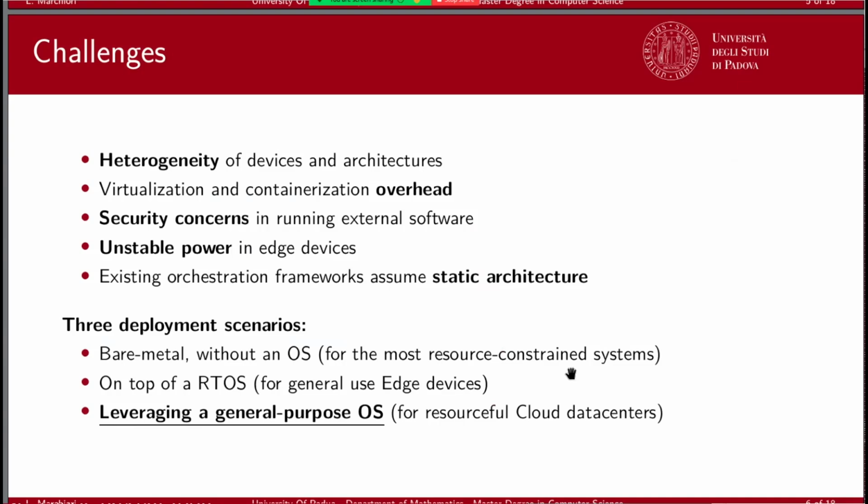We might want to deploy virtualization and containerization solutions on those boards to deal with the heterogeneity, but this implies a lot of overhead. So it might be impossible to run virtual machines or containers on ECUs and electronic boards.